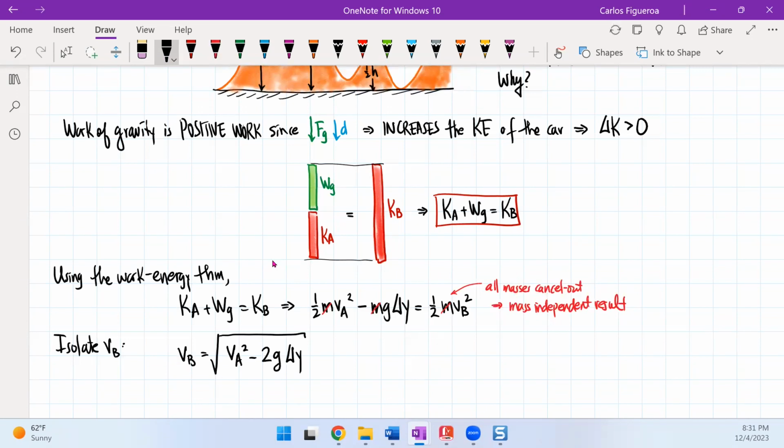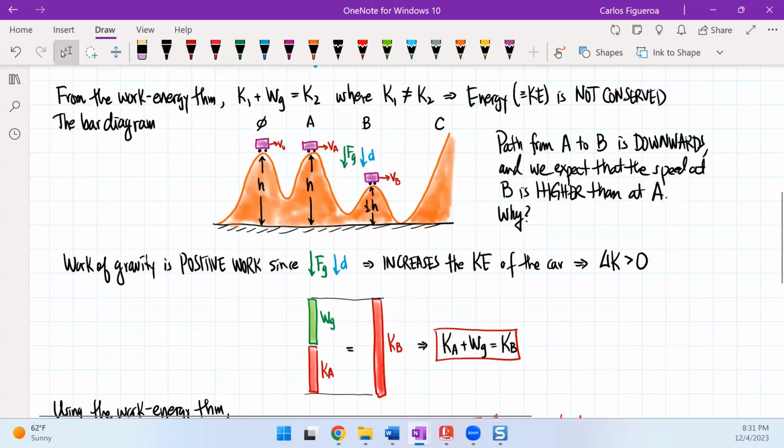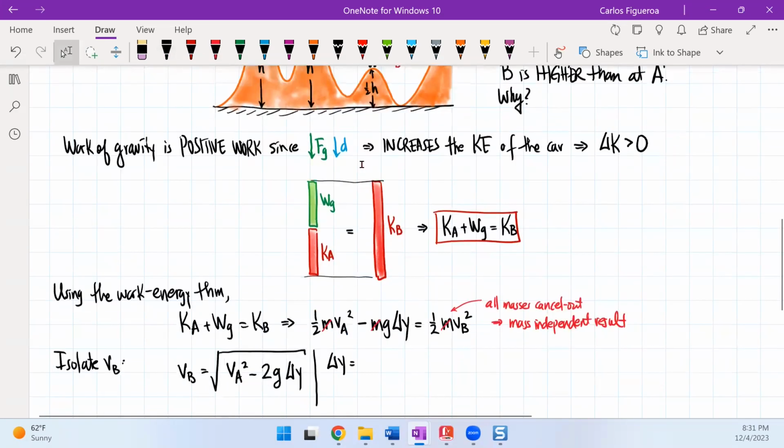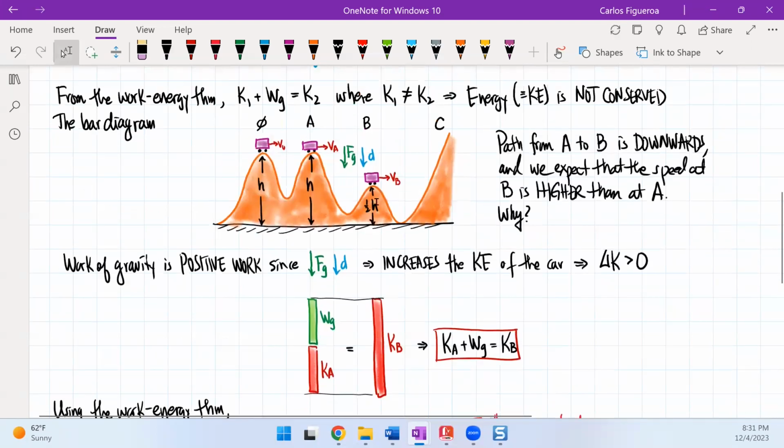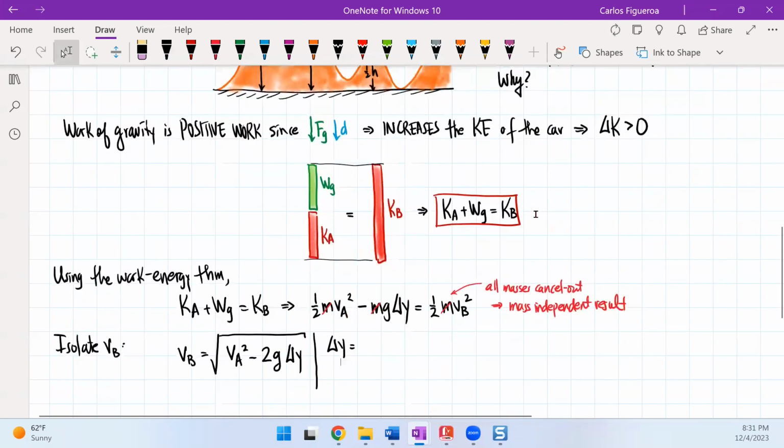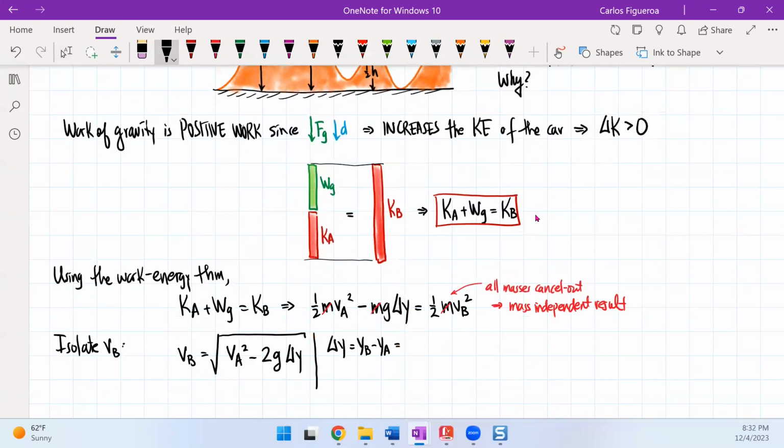So when I look at this, what do I know about the height? The final height is the height at YB, and my initial height is YA. Note, I'm going down, so I expect a negative number. So this should be YB minus YA, and according to the picture, this is 1/2 H minus H, which gives minus 1/2 H. As expected, the height change is negative.